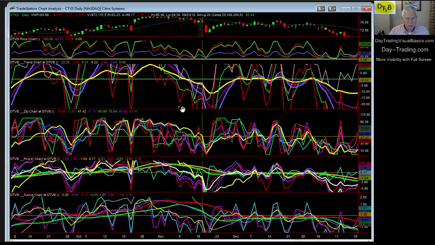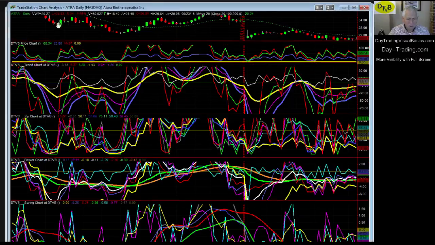In this example with CTXS, trend red and green were in low angles up, and we had 2 days of low angle up, 2 days of trend red and trend green up. In the other example, we also had 2 days of trend red and trend green up, and we end up with that big gap down.